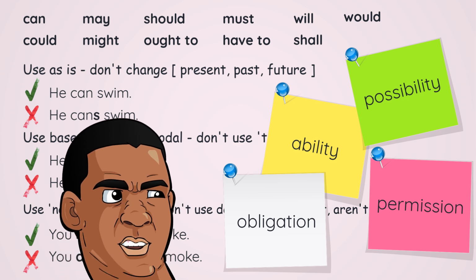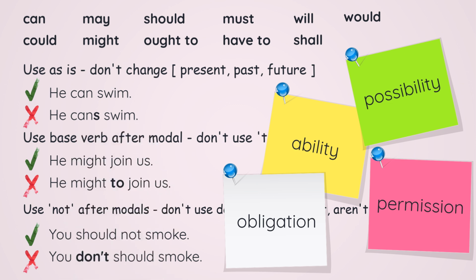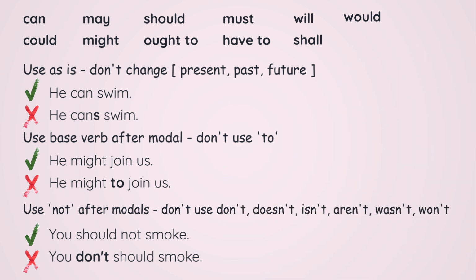And that's why they're sometimes a little bit confusing. But let's look at some examples of what modal verbs are. Can, could, may, might, should, ought to, must, have to, will, shall, and would. Okay? These are the most common ones.